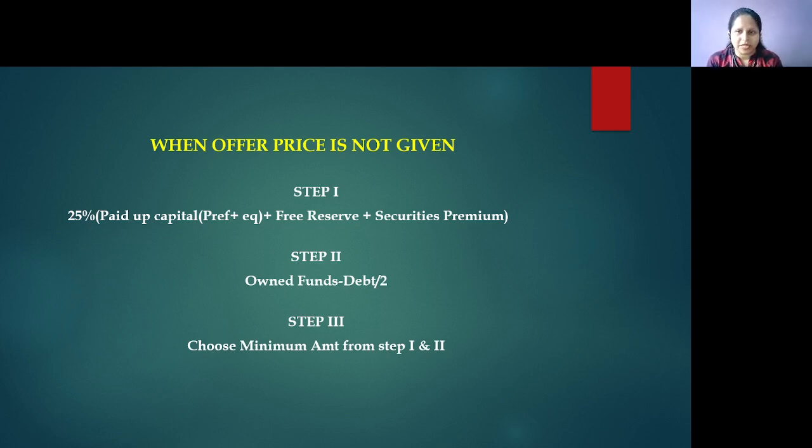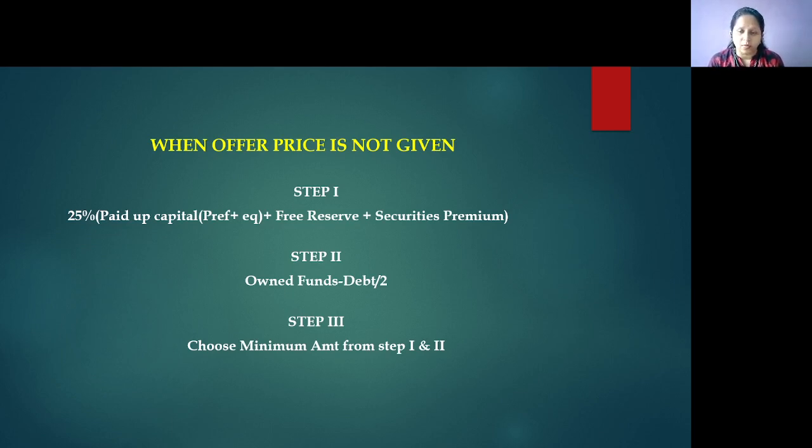Let us go to step 1. It is the same formula we utilized earlier: 25% of your total owned capital. You calculate 25% and get the answer for step 1. Step 2 is own funds minus debt by 2, where own funds means the bracket, the total amount from step 1. In step 3 of the previous level, we took 25% of total shares into offer price.